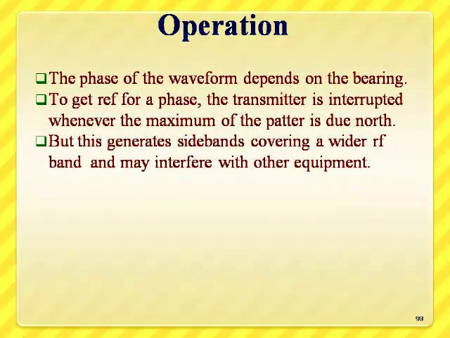The phase of the waveform depends on the bearing. To get reference for a phase, the transmitter is interrupted whenever the maximum of the pattern is due north. But this generates sidebands covering a wider RF band and may interfere with other equipment.